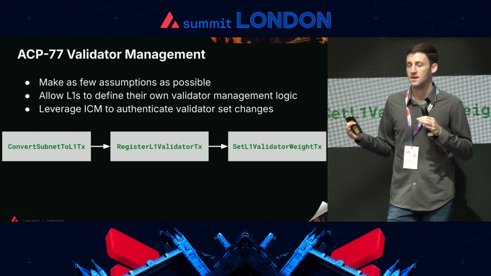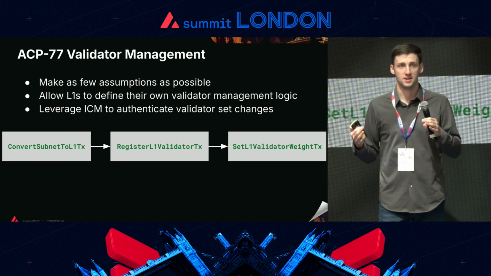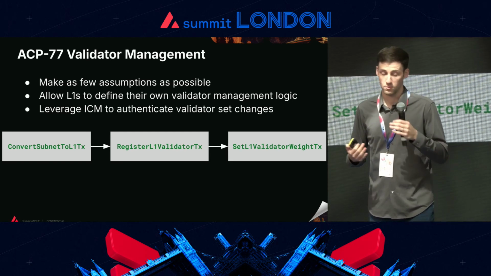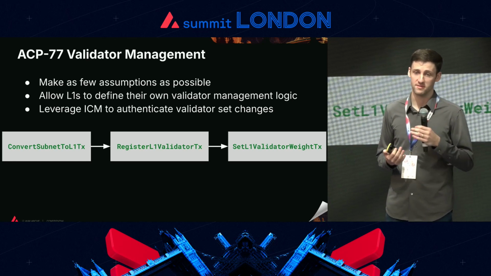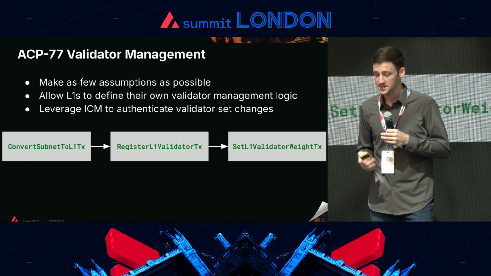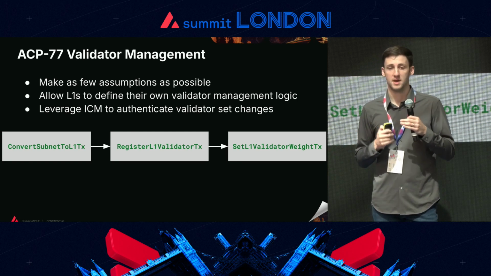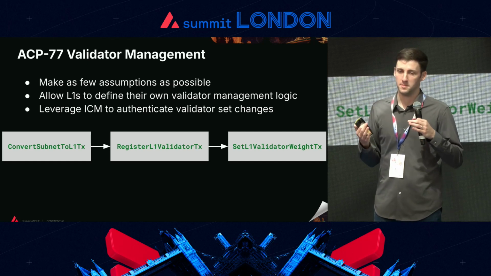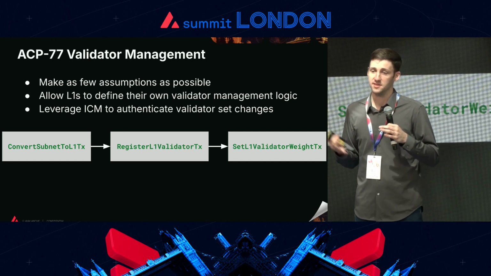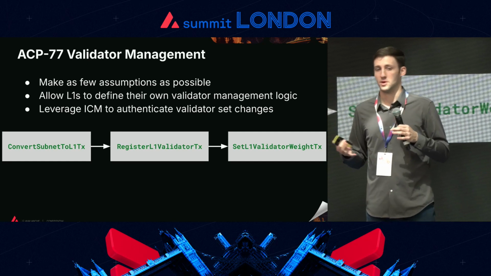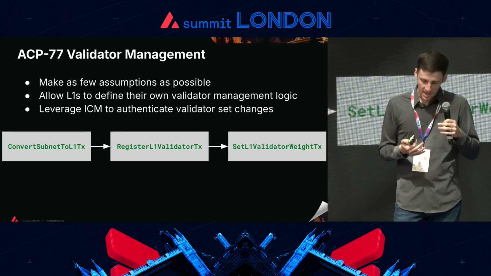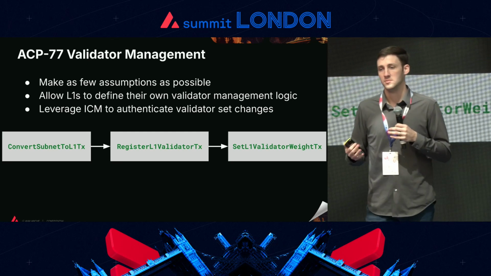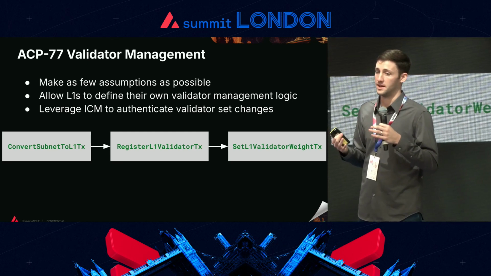However, it is not the authentication mechanism defining who can become a validator or not, or what rewards you get for becoming a validator of a given chain. Instead, the P chain just processes messages that specify the node ID, BLS public key, and the weight of a given validator. So it has only the base information needed to represent the registry of the validator set, but doesn't actually define who can become a validator or not.